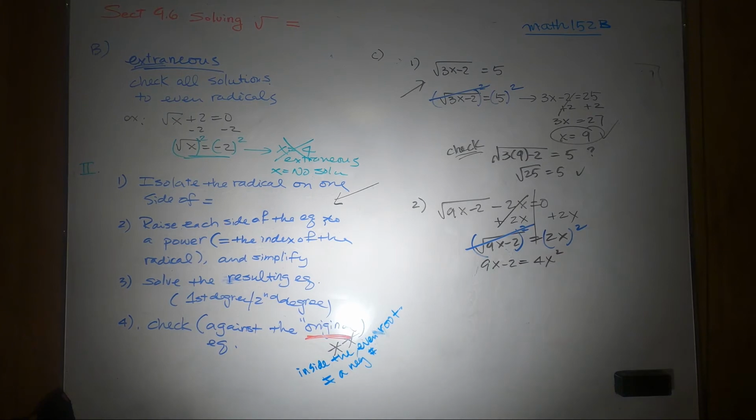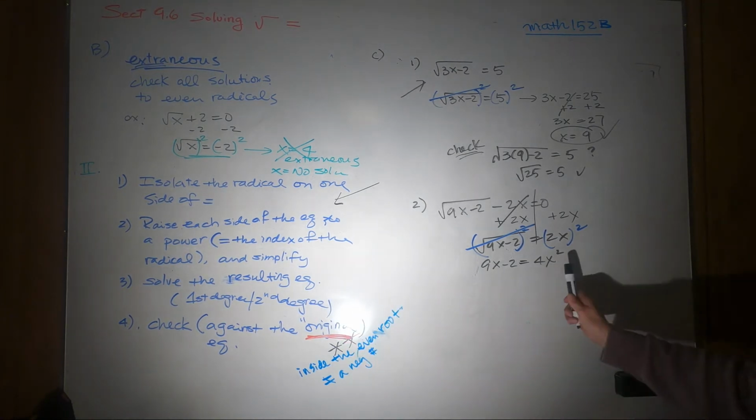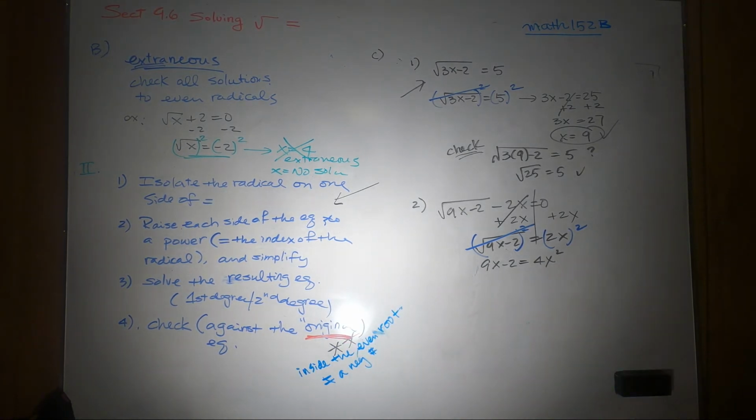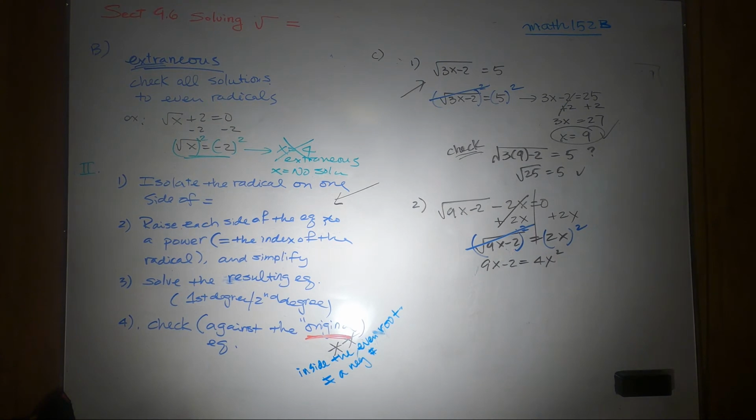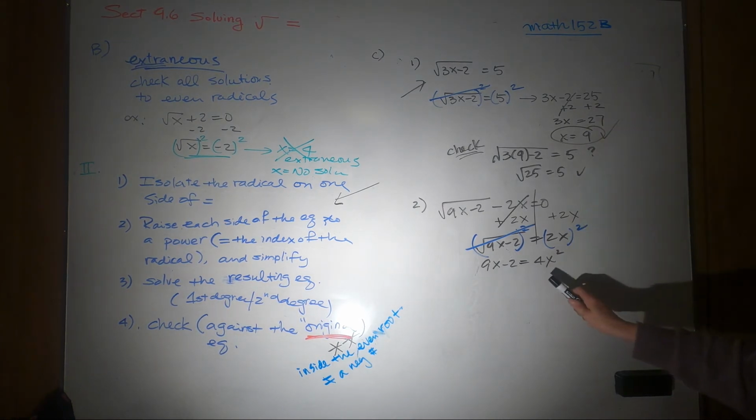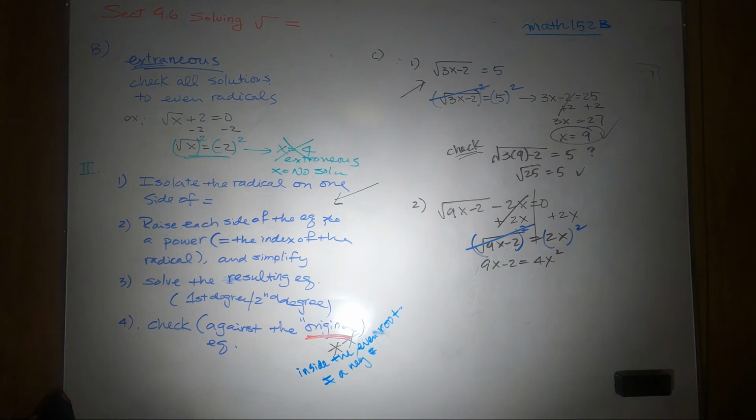What kind of equation do we have now? It's a second degree, right? So that would be your quadratic equation. Not in standard form yet, but it is a quadratic equation. Okay? So either a linear equation or a quadratic equation.